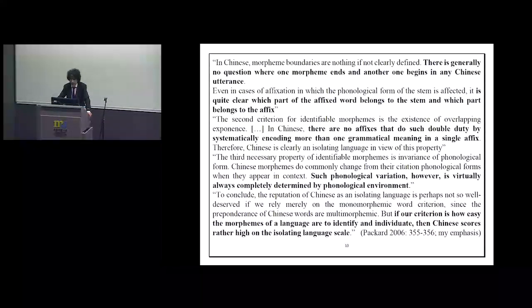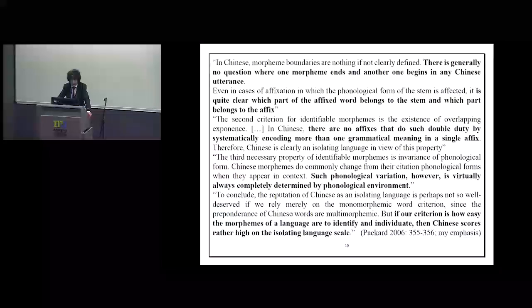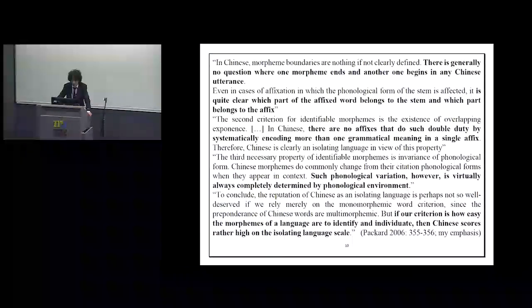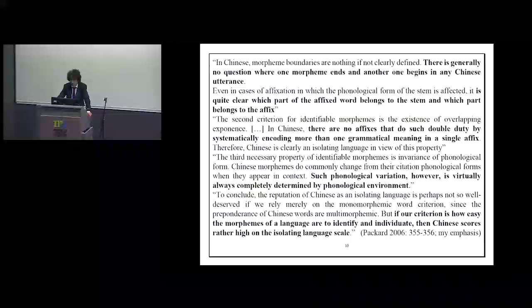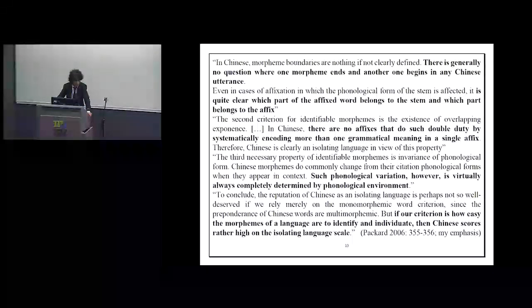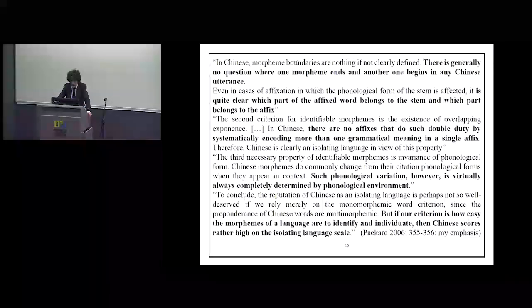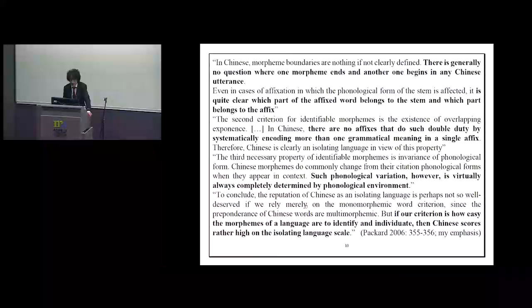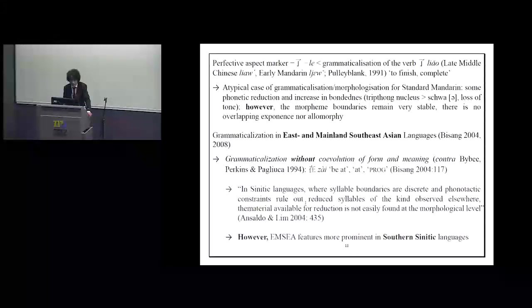The borders are clearly defined. There are definitely no cumulative exponents, so no form that expresses two meanings, no variation, no flexivity, the morphemes have only one shape. So generally speaking, it's definitely a very isolating language, a very prototypical example.